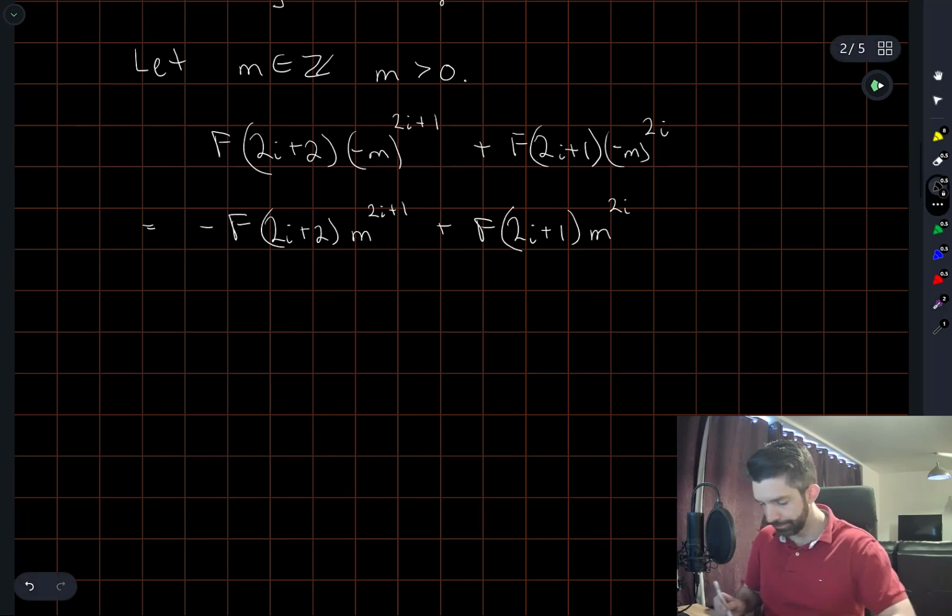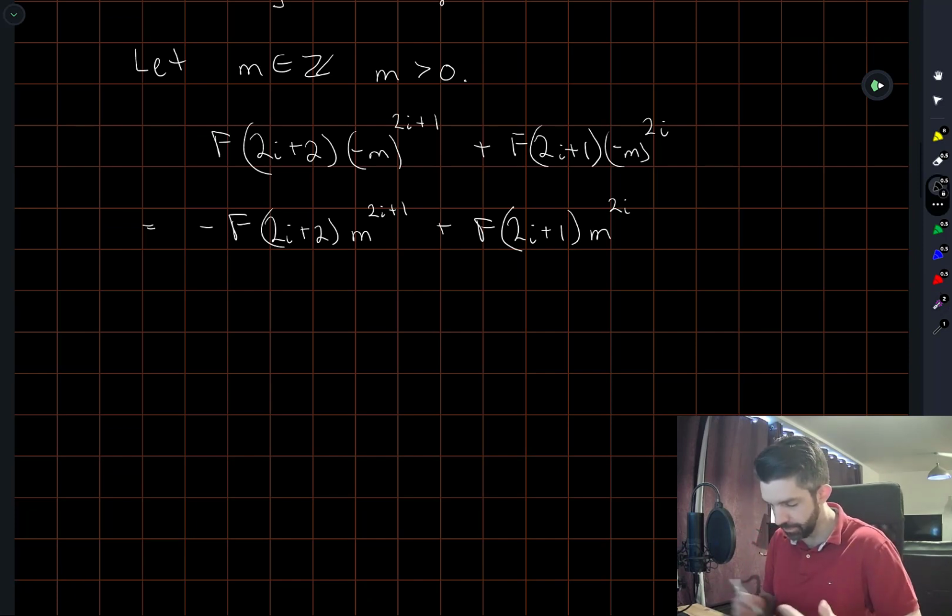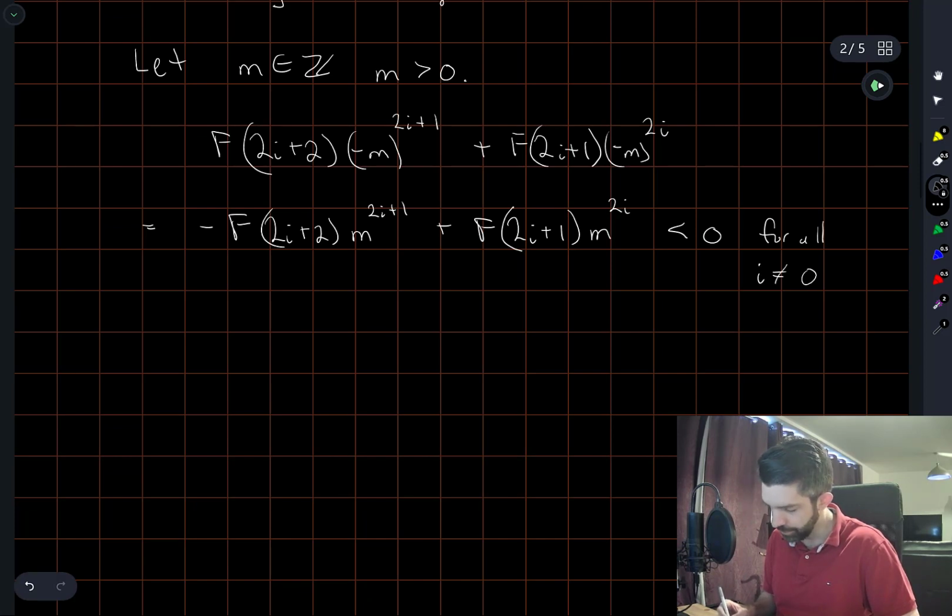Okay, so if you put those statements together, this is again strictly less than 0 for all i not equal to 0 and all m not equal to 1.